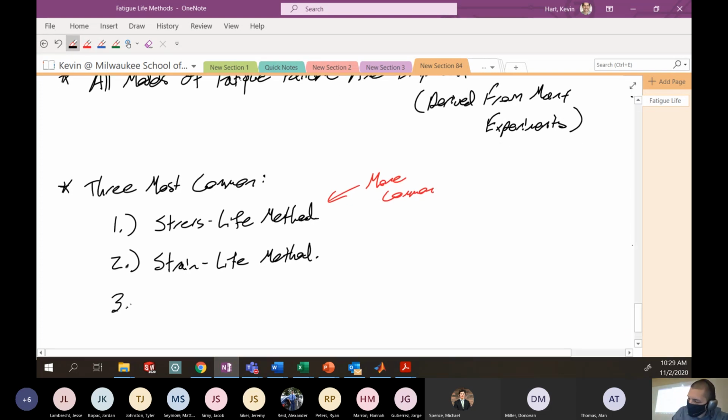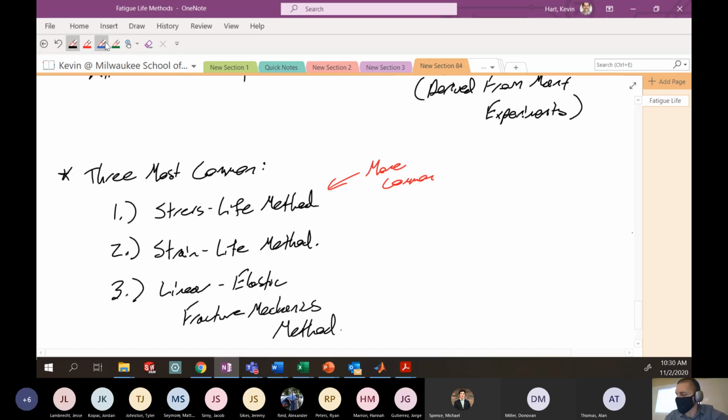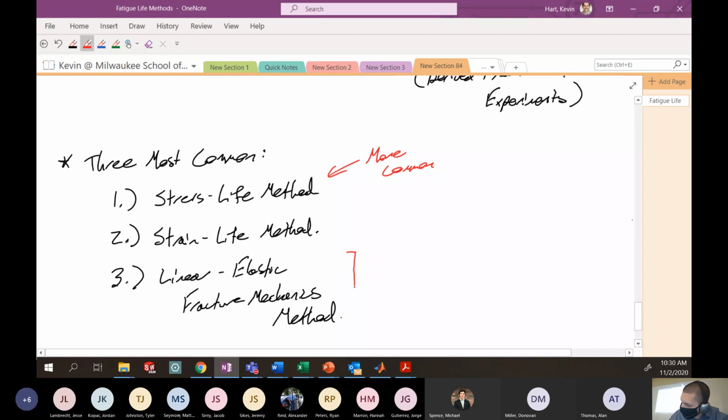And the third, here, this is the linear elastic fracture mechanics method. This method requires that you know an initial pre-crack size.